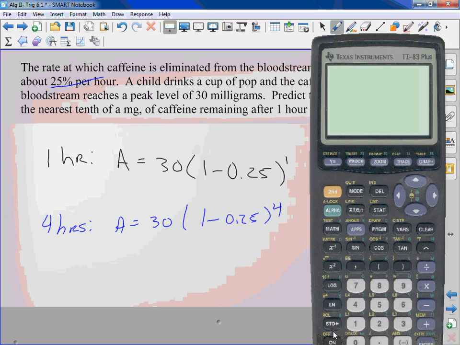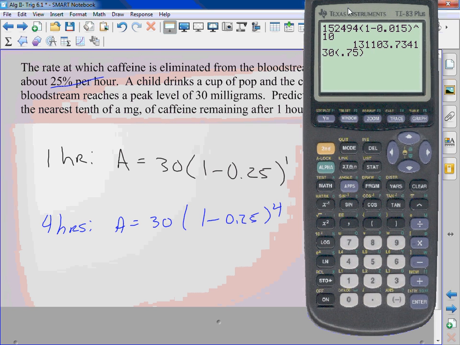I use the calculator since I've set them up. All I type in is 30. If you know how to subtract, what's 1 minus 0.25? Just be careful when you take little shortcuts. Okay, to the first power. I don't need to write it to the first power.